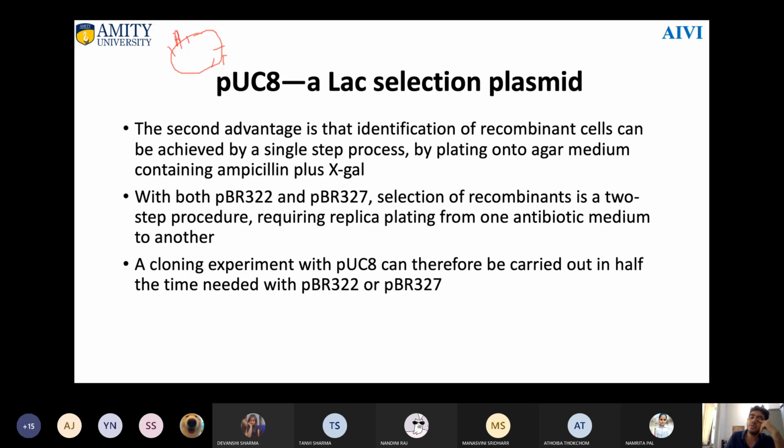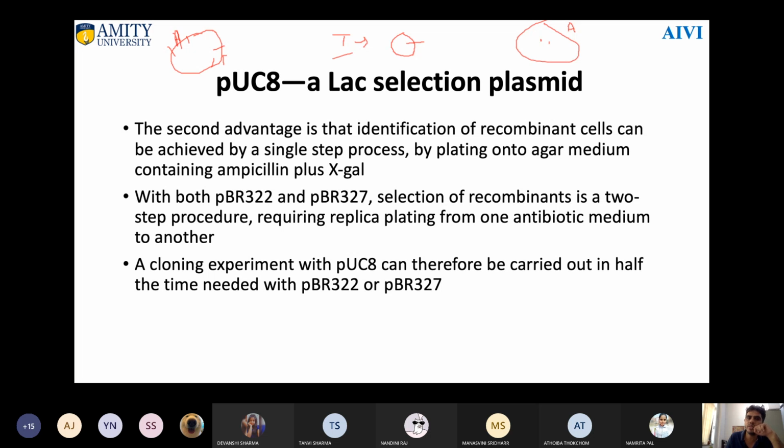So if we are cloning in the tetracycline gene, then for the cells which are surviving, we can't tell whether all of them are recombinant or not. So once we clone them, we go for replica plating. Whatever cells are surviving on the tetracycline, we have to plate them on the ampicillin. Those which are dying on the ampicillin are going to be your recombinants.